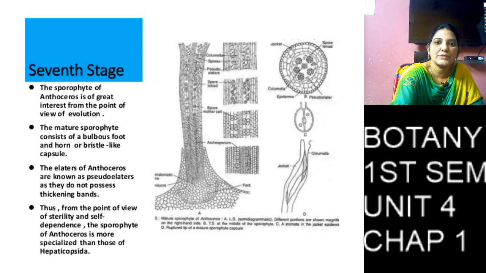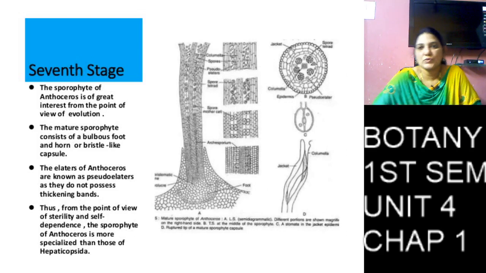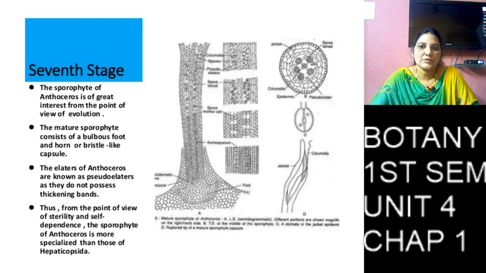Next, coming to the 7th stage, we can see the Anthoceros sporophyte. It is also divided into 3 parts. The foot is attached to the thallus, absorbs water and minerals, and gives them to the capsule.